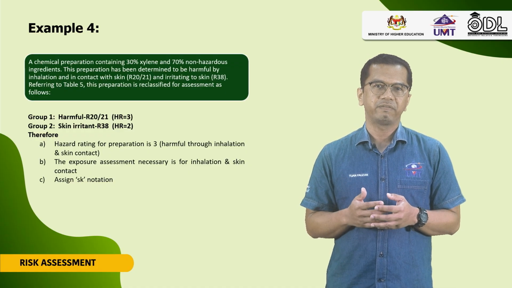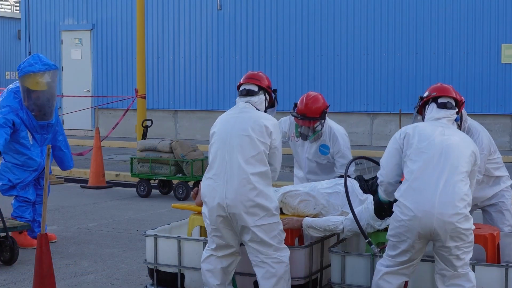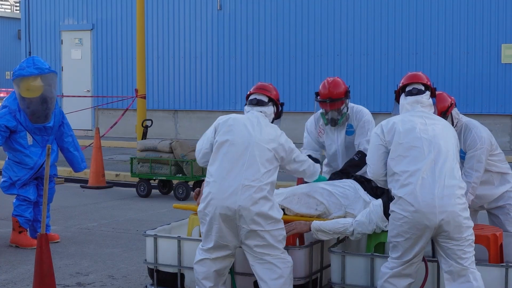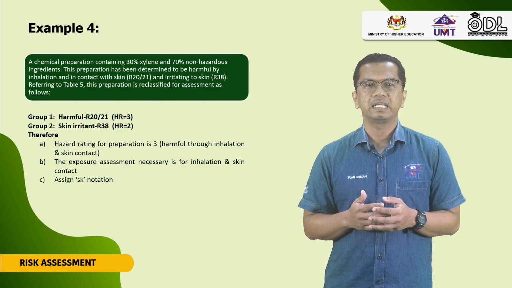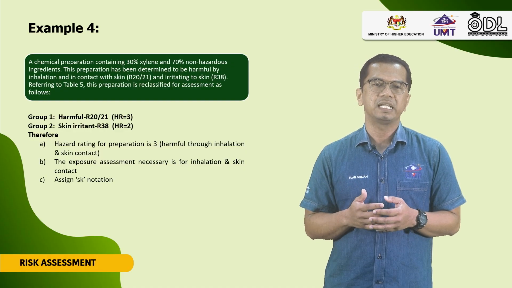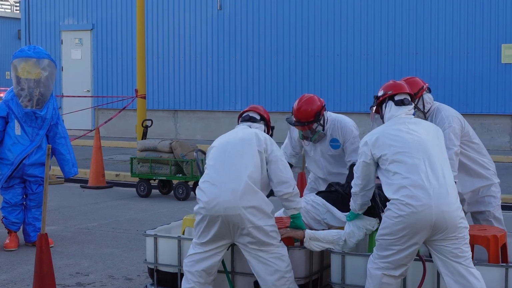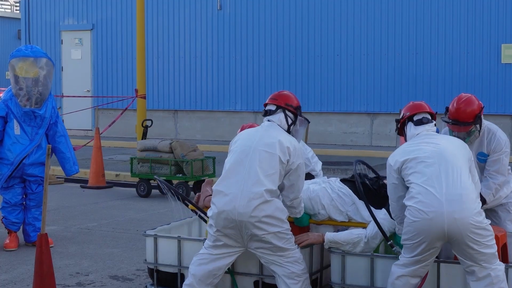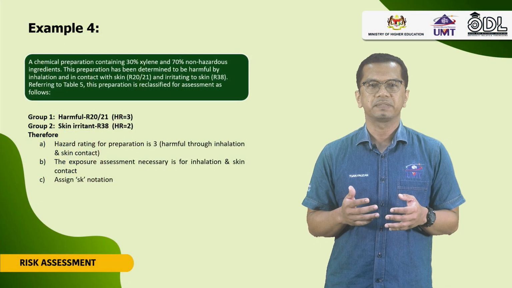According to Table 5, the classification is as follows. Group 1, harmful with a hazard rating of 3, and Group 2, irritant with a rating of 2. Therefore, assign a hazard rating of 3, assess exposure through inhalation and skin contact, and include the SK notation due to skin effects. Proper PPE like gloves and respiratory protection is essential when handling these preparations.